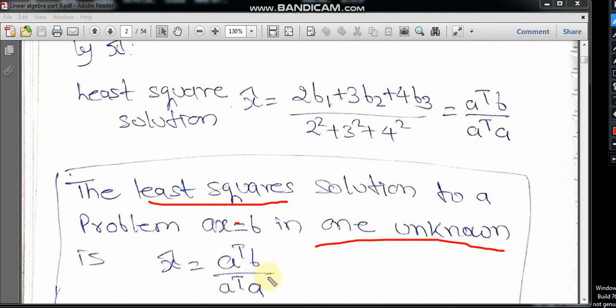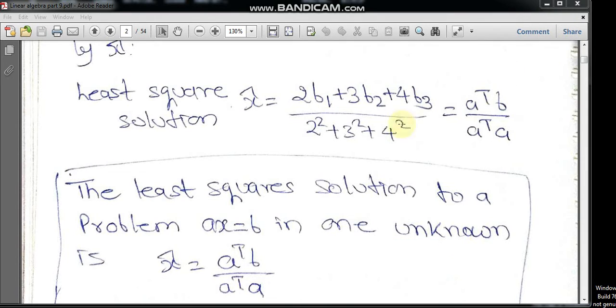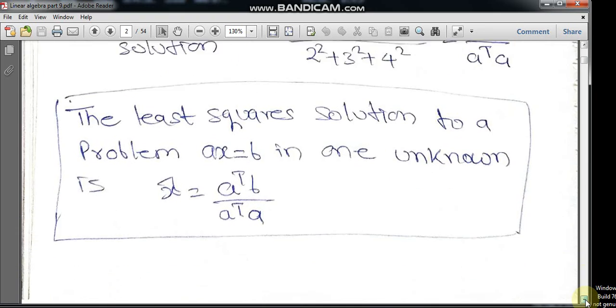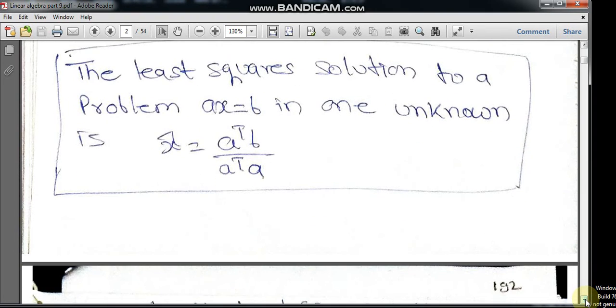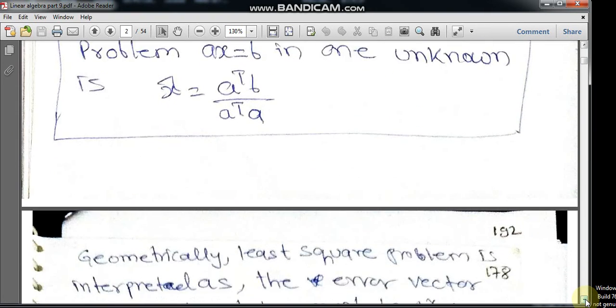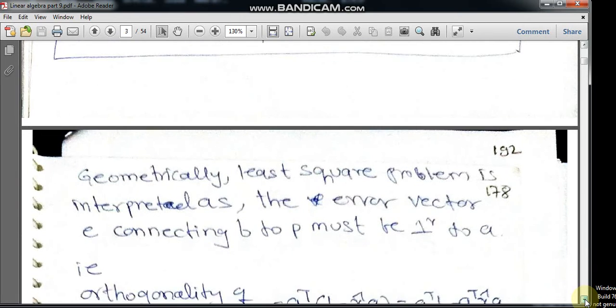When you have one unknown and many equations, you can find the estimate of x, which should be nearer to the actual x, as A transpose B divided by A transpose A. This will give you the value of x which is nearer to the original x, and you will have the least error. And if x cap equals x, then it automatically means you have a solution for that equation.